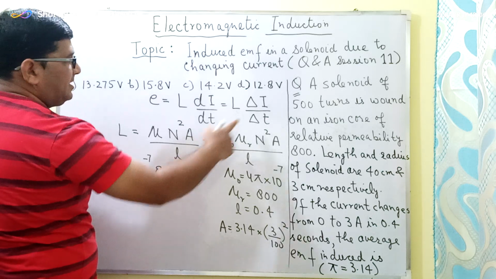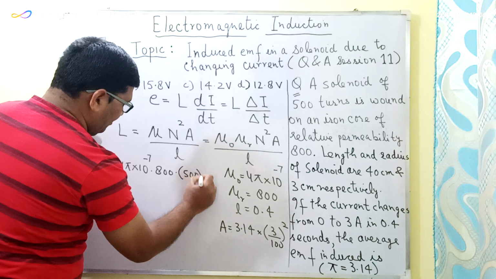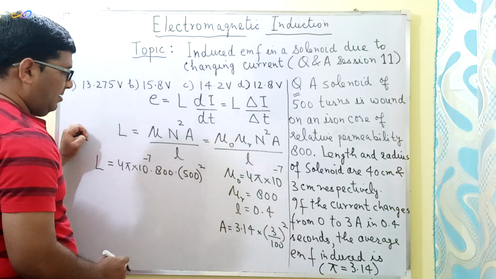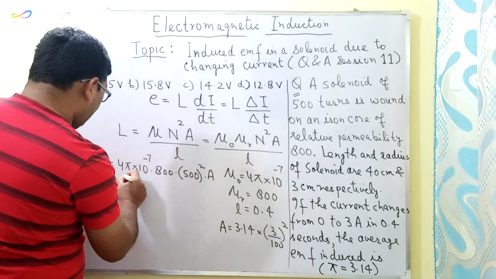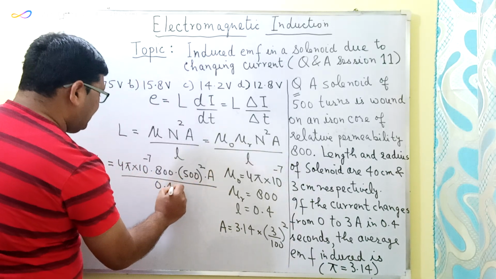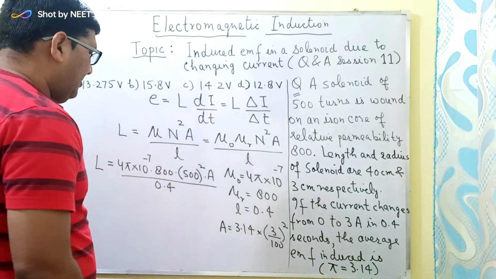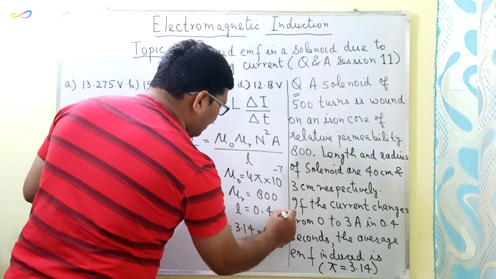Now N square, here the number of turns is 500, so this will be 500 whole square, into the area of cross section divided by the length, which is in meters. This length is equal to 40 centimeters, so in meters this will be equal to 0.4.